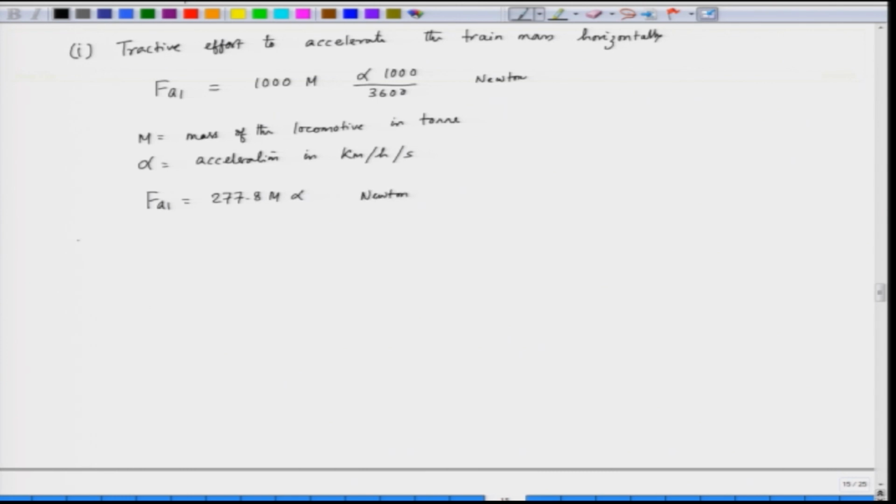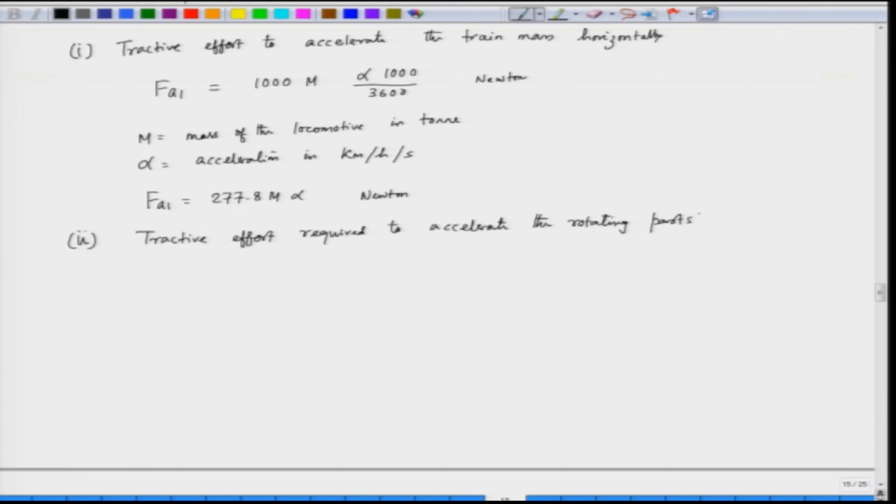And then we have to accelerate the rotating parts. So, the tractive effort required to accelerate the rotating parts is the following.